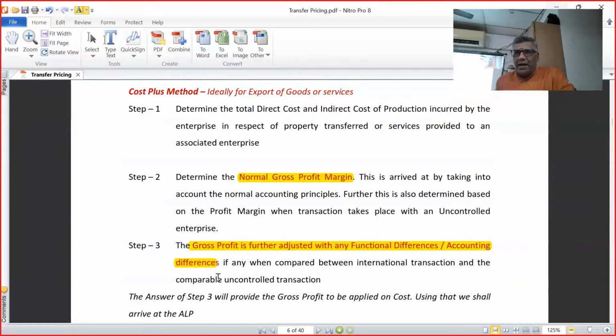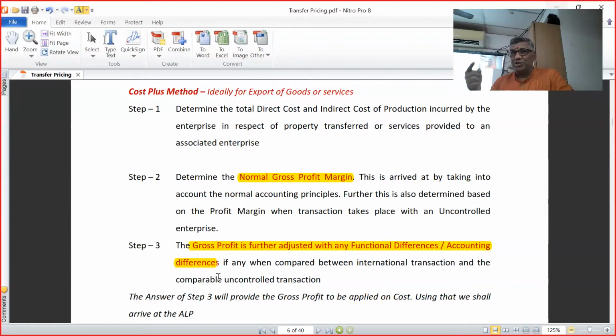Are you clear? I am repeating. Please try to find out what should have been the GP. And the cost we know. Add GP will give us the sale price. Second thing which I want to make clear to you: GP can be two ways, GP on sales or on cost.